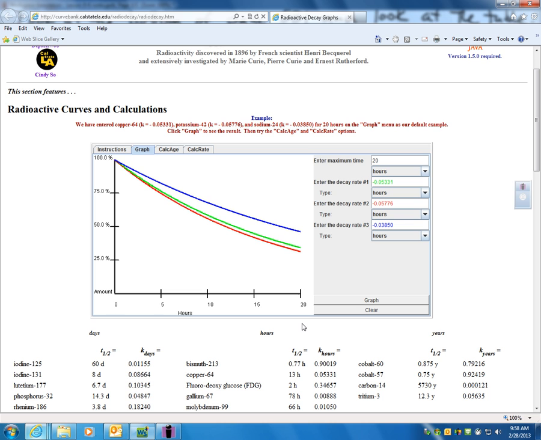I don't know if you're too young to remember Chernobyl or some of these things where we had nuclear plants that overheated and it was a big nuclear catastrophe. There's a radioactive curve that the radioactivity drops along, and that would be based on exponential decay. And you can kind of see that happening here.